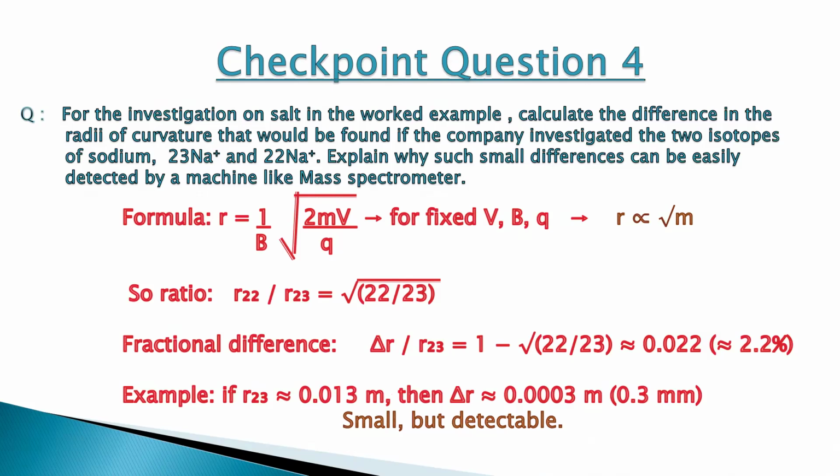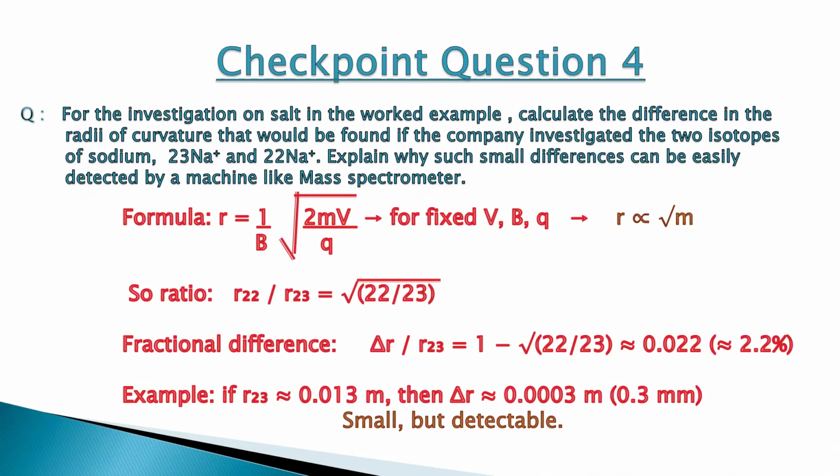The key formula is R equals 1 over B times the square root of 2mV over q. For a given accelerating voltage V, field strength B, and ion charge q, the radius depends only on the square root of the ion mass.